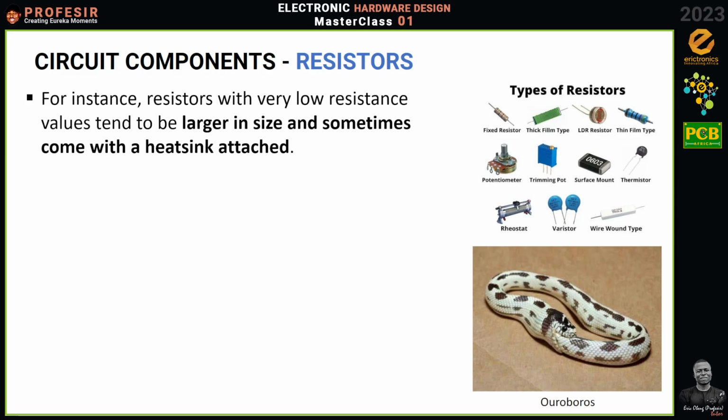So there are cases where you would find heat sinks. Heat sinks are metals that are connected to components to help them dissipate their heat. There are situations where these resistors could have so much heat that we will have to attach a heat sink to assist in cooling down.